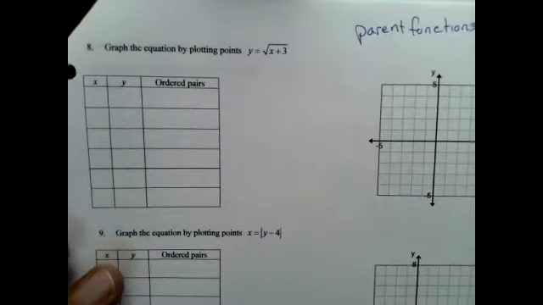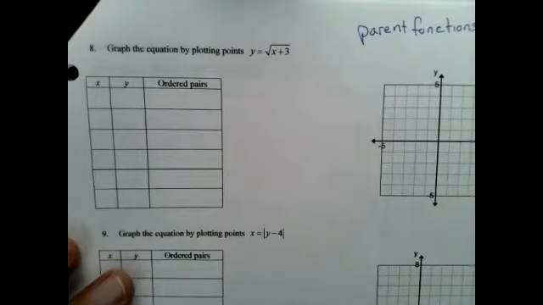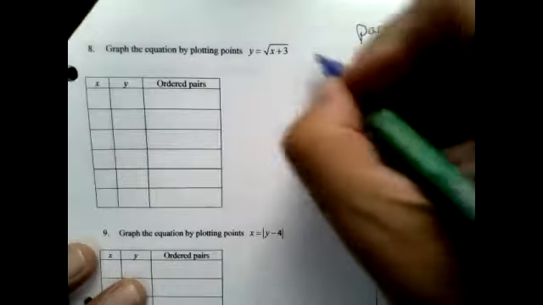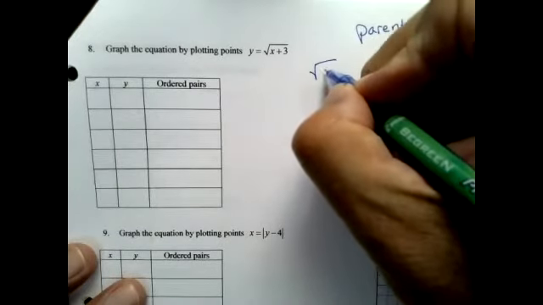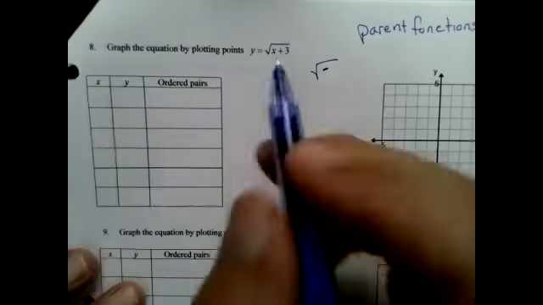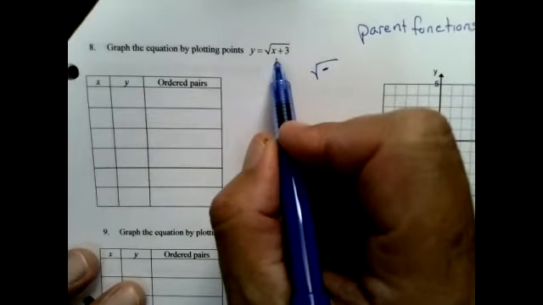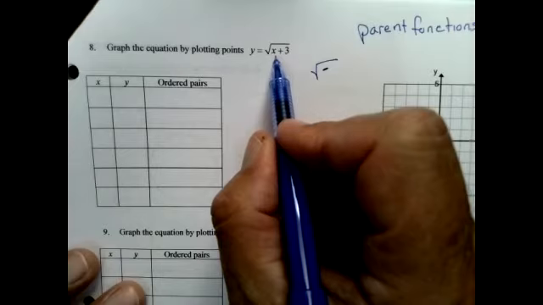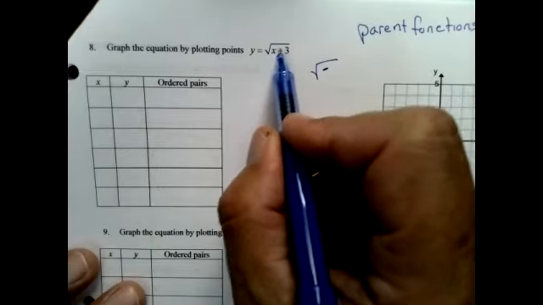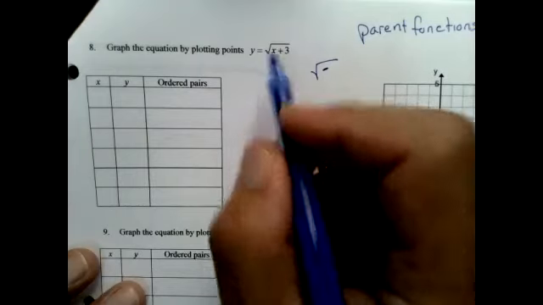Well, first of all, what numbers can't I put in there? Well, in the world of square roots, I can't have the square root of a negative. So 0 can go in, -1, -2, -3 can even go in. -4 cannot go in.